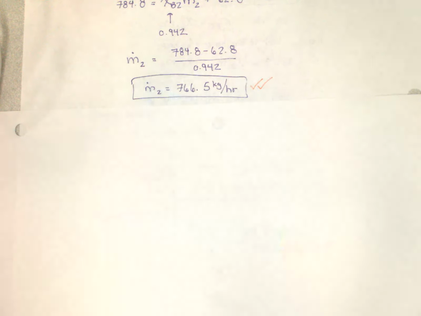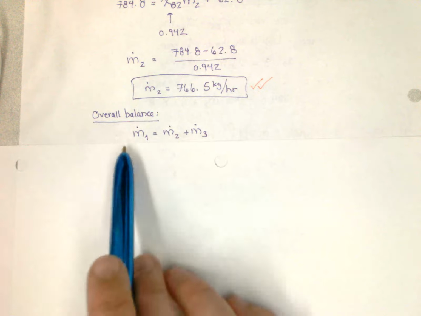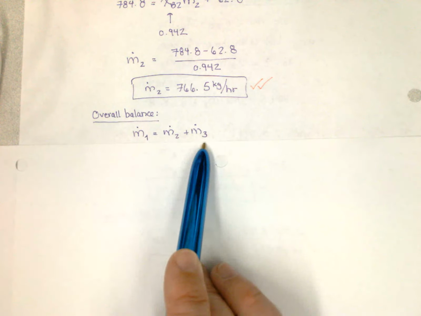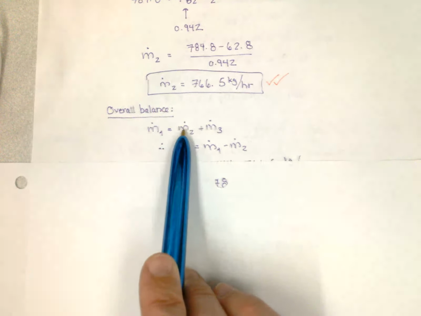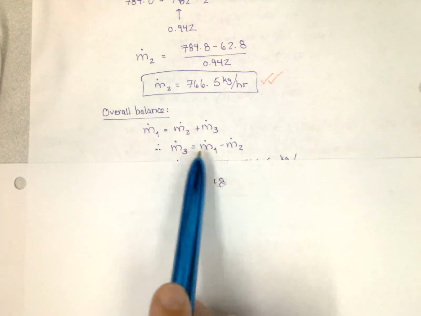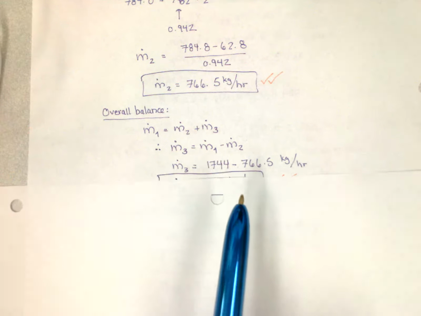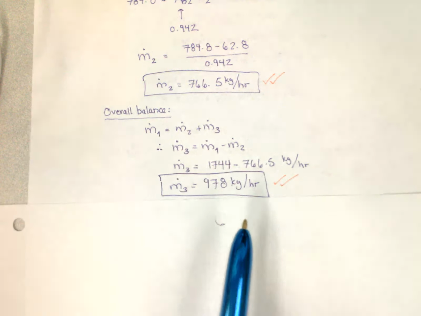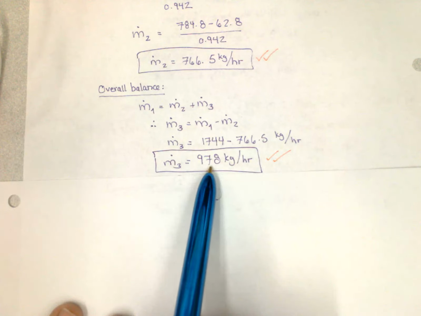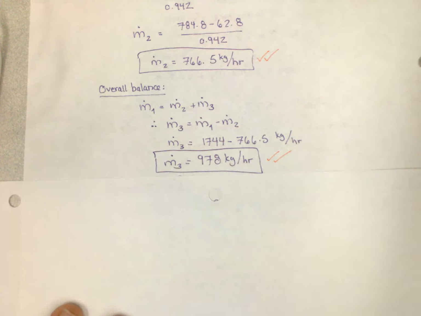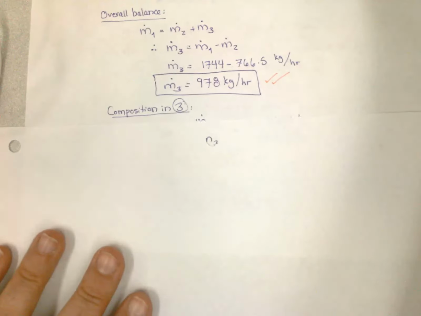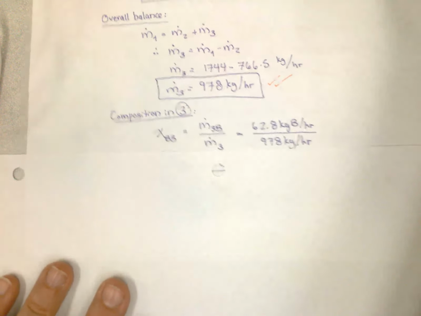Now that we have this mass, let's go back to the overall balance. The overall balance said that M1 equals M2 plus M3. Well, we already know M1. We just found M2. So we can find M3 by saying M1 minus M2. And what we're going to find here is that M3 is equal to 978 kilograms per hour. Finally, we wanted to know the composition in 3.